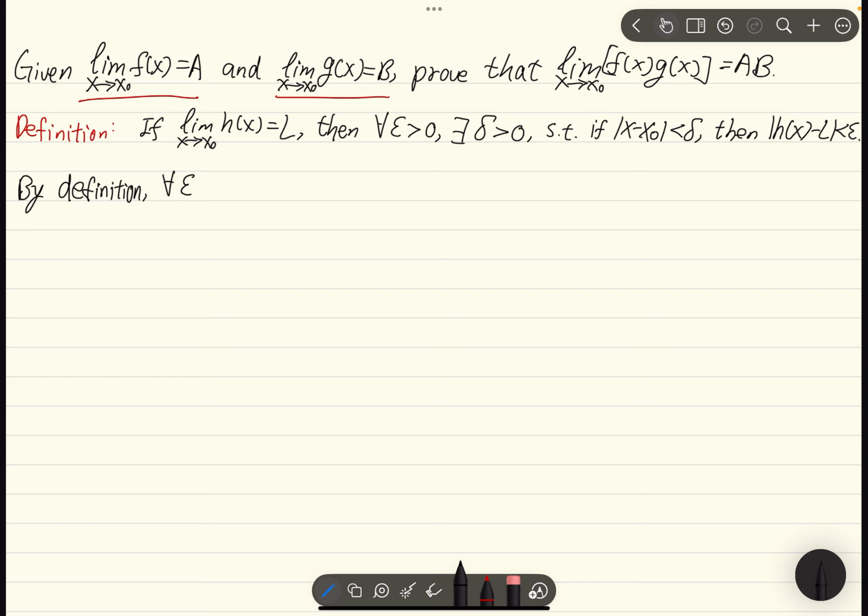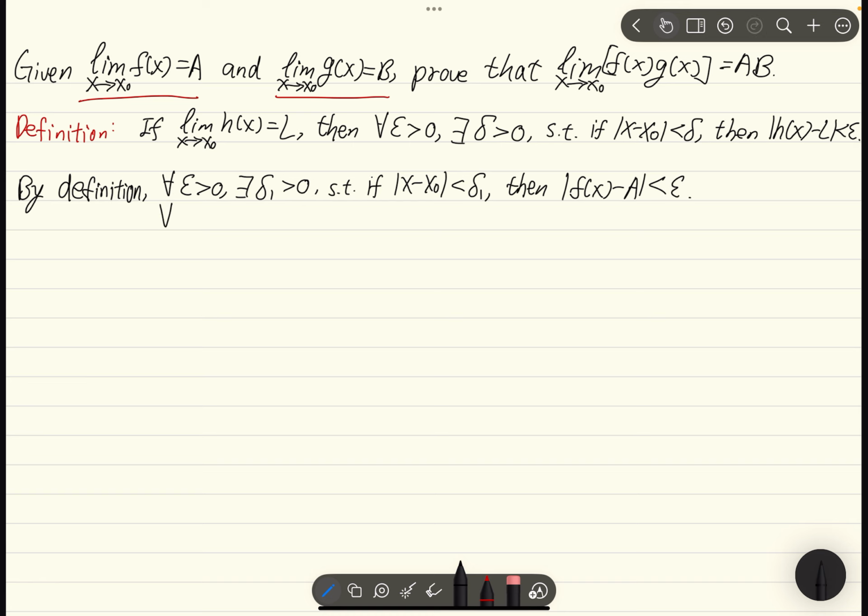for all epsilon greater than 0, there exists delta 1 greater than 0, such that if the absolute value of x minus x naught is less than delta 1, then |f(x) minus a| is less than epsilon.